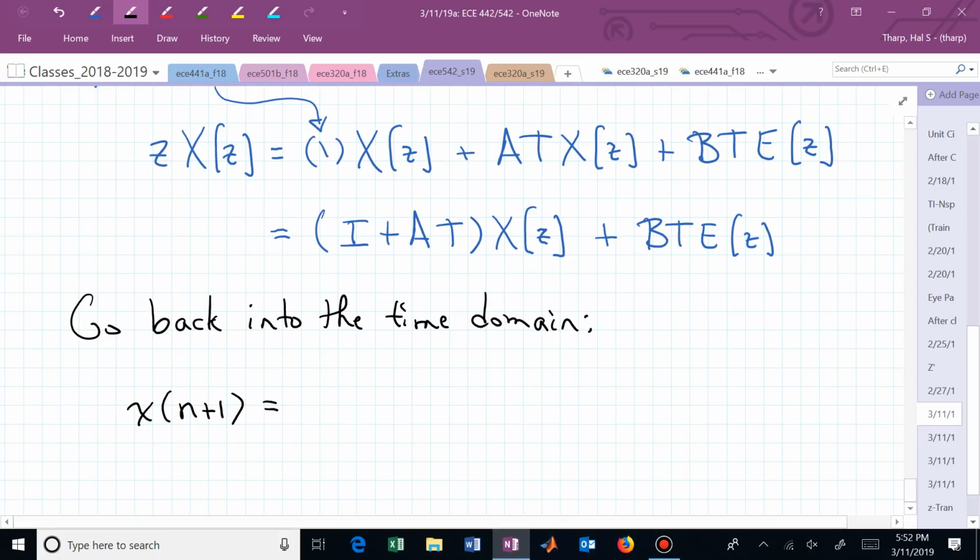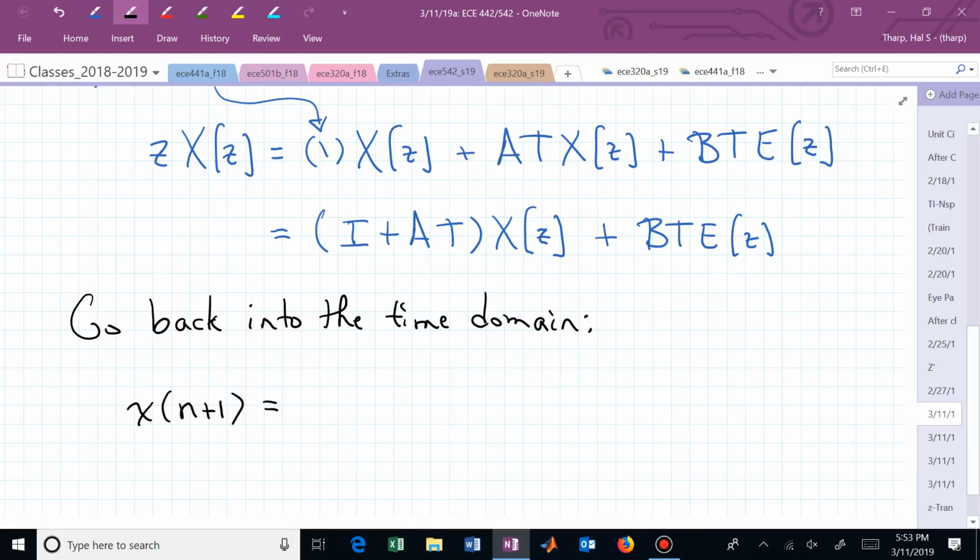If you really needed to know what actual time is, you would say this is at time little n plus 1 times the number of sample periods. But typically we just don't even include the capital T in the argument. We just say we're at sample n plus 1.